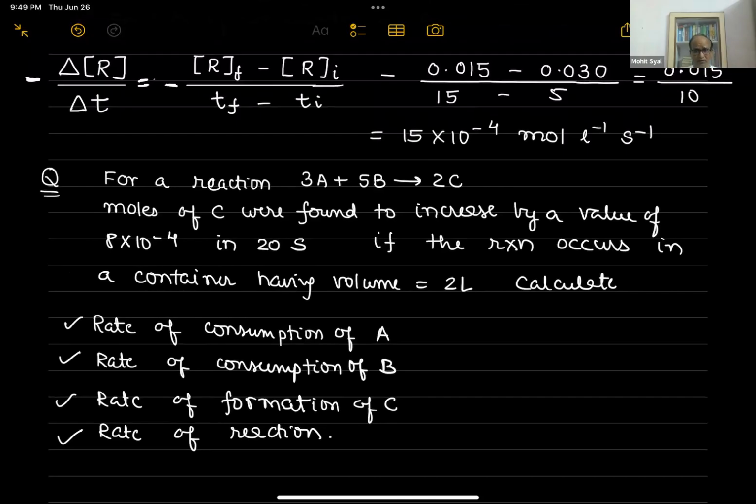Though it is a very basic question, it is very, very important to clarify all your doubts related to the rates of reactions. Is it clear or not? Yes, sir. Just a second.